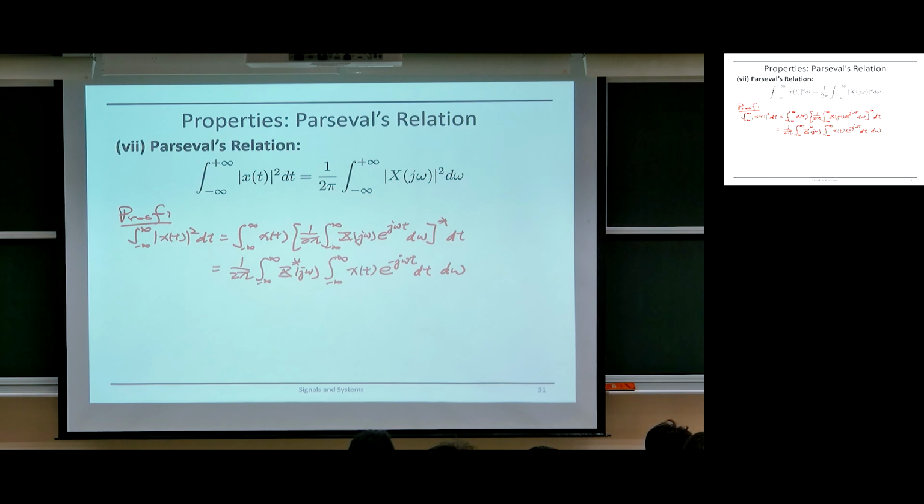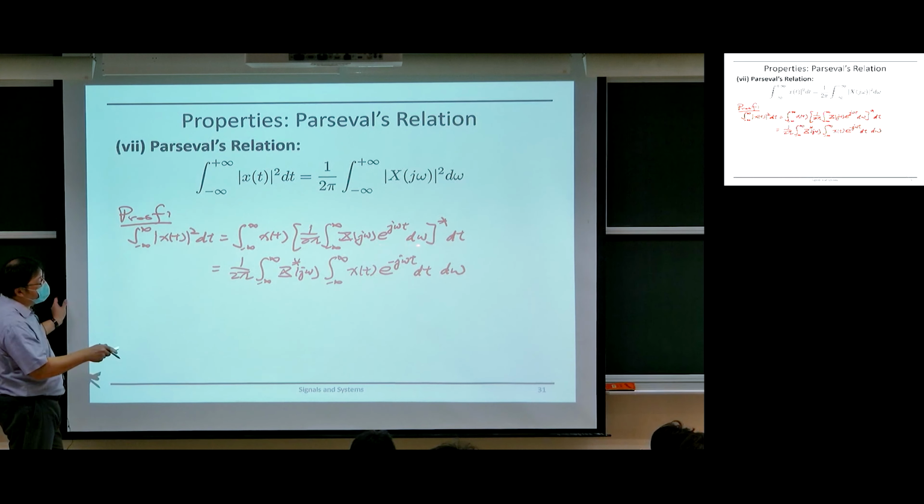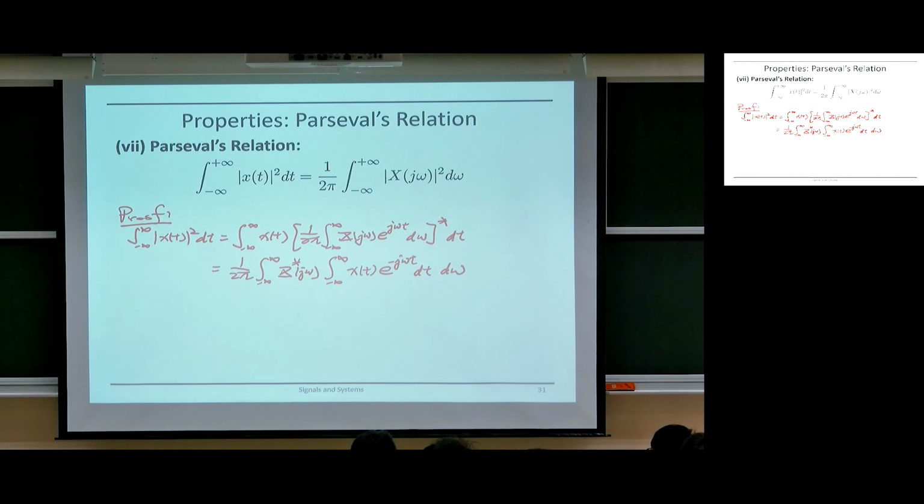Now, if you look at this, the integral inside is the Fourier transform of x of t. So this gives you capital X of j omega. Then you get the result: this is 1 over 2 pi, the integral of the absolute square of the spectrum, d omega.